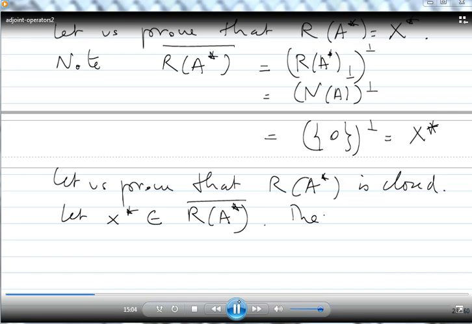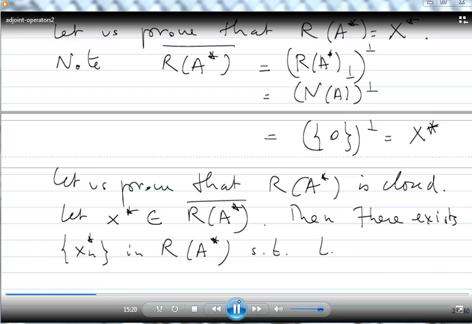Then there exists a sequence xn star in the range of A star such that the limit of xn star equals x star when n goes to infinity.